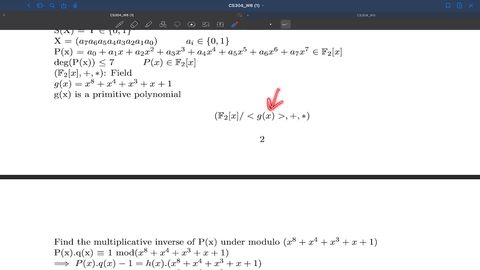So whatever polynomial you get after transforming the binary form to the polynomial form, I want to find its inverse, but under modulo g(x). What is g(x)? g(x) is x^8 + x^4 + x^3 + x + 1.